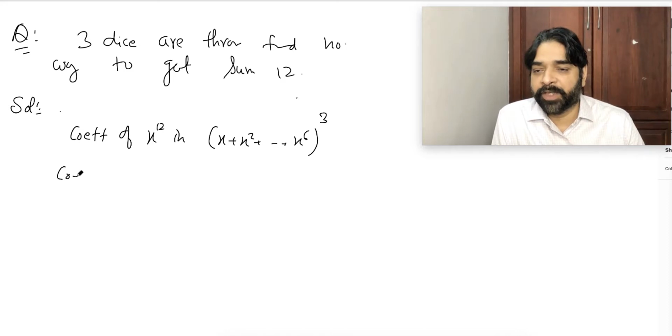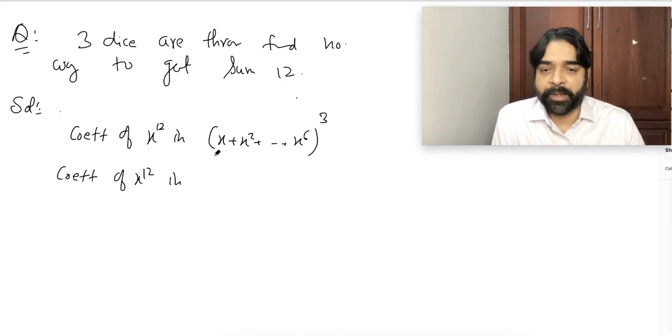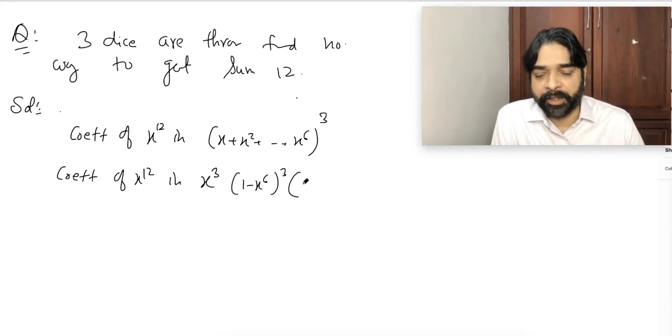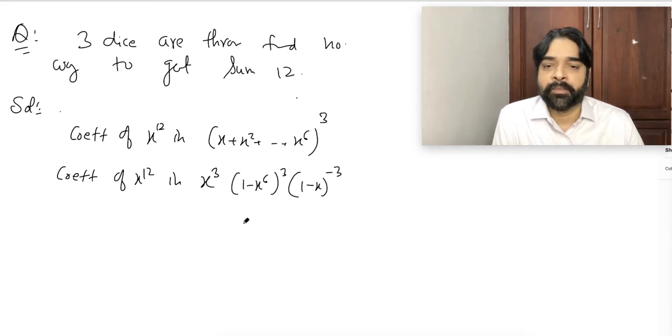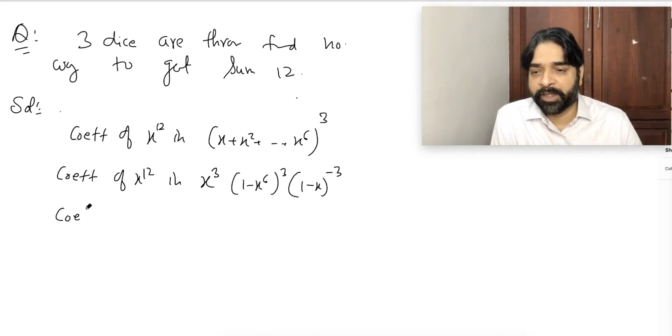Taking x common, we get x cube outside, and what is left is 1 plus x square up to x power 5, which I can write as 1 minus x power 6 whole cube into 1 minus x power minus 3. Am I doing correct?